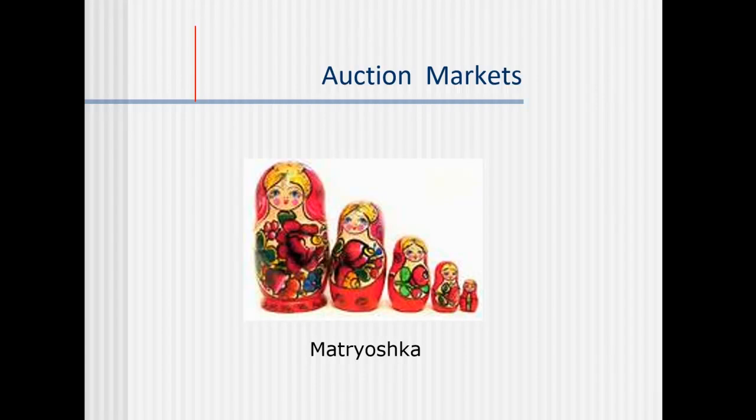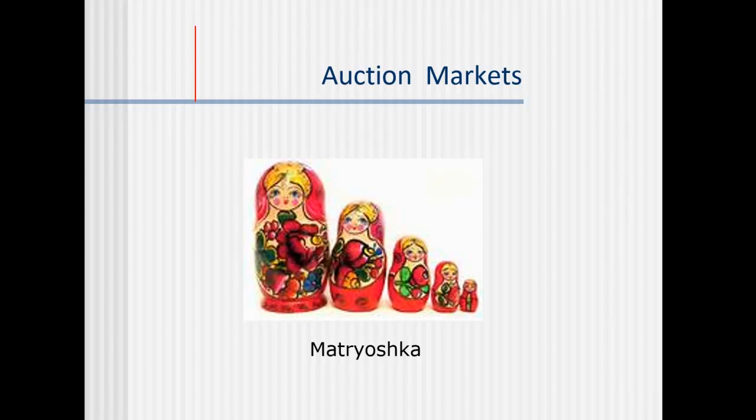to use that example to demonstrate how there are many different participants and many different auctions going on at the same time. And just as we see with these Russian dolls, one fits right inside the other. You can sort of take a look at the tiny little doll.